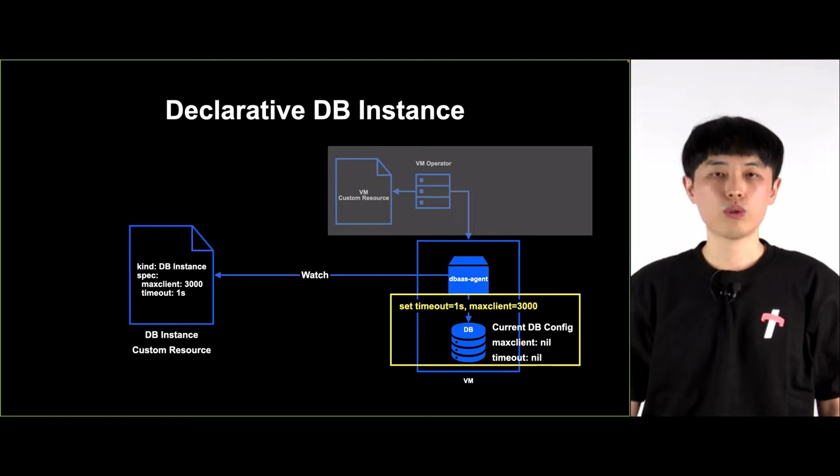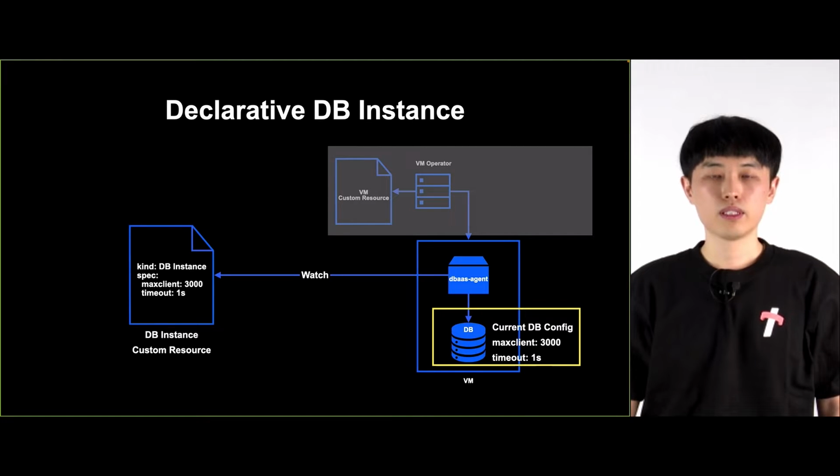As a result, the DB is restored to the initial declared state. In a declarative system, the user will change the spec on purpose, and if there is a discrepancy, it will set it right, so it will make the total system robust.